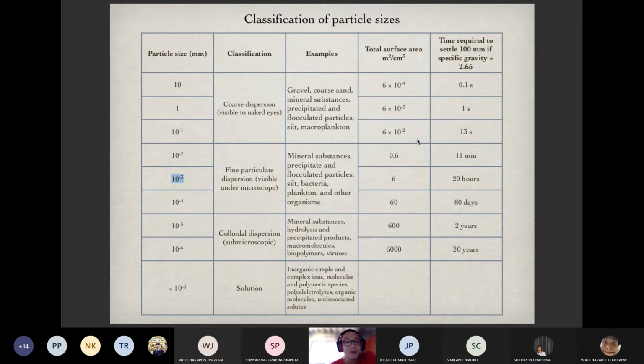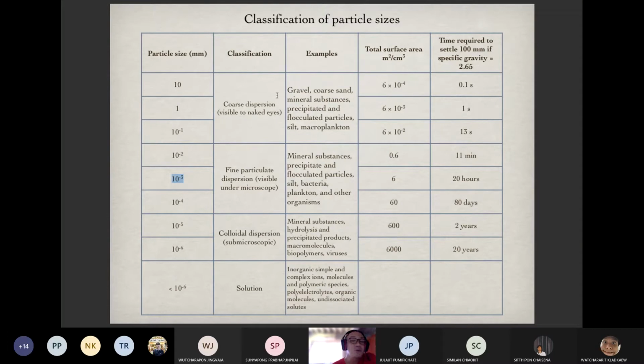Why? If you really take a look at the precipitation or the sedimentation rate, here is the time required for the particles to settle 100 millimeters, or 10 centimeters, in the vertical direction due to the gravitational force.